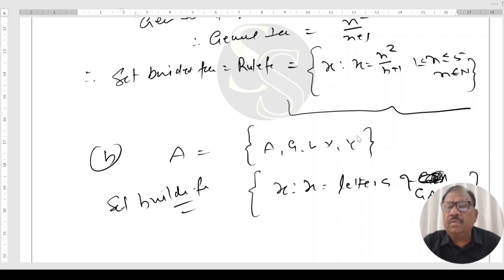One letter should be written once. All elements should be different. This is the set builder form. Next question.